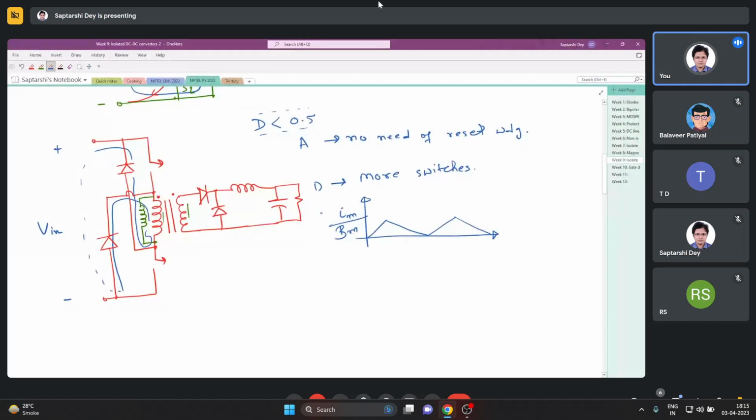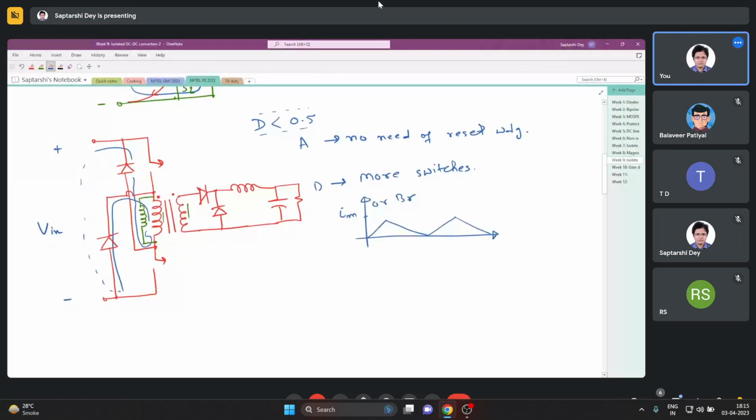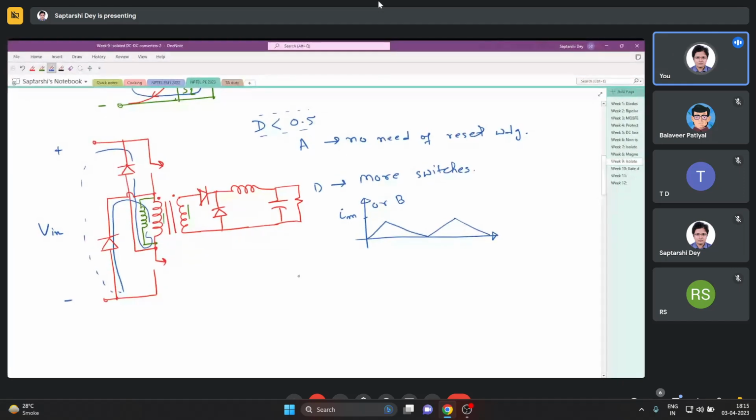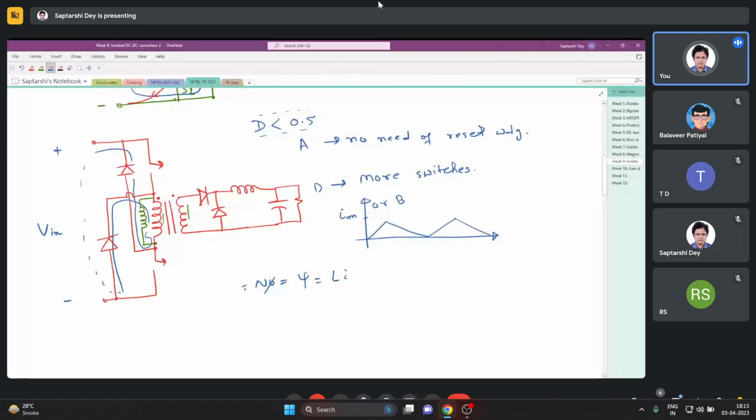Okay, let me not write it like this. It may look like Im by Bm, Im or Bm. So not Bm, B in the core, right? Because we know that psi is Li, whereas psi is n phi, and that is nothing but n B a.